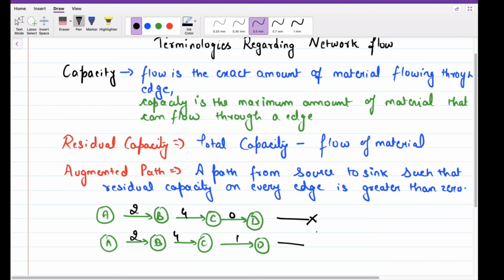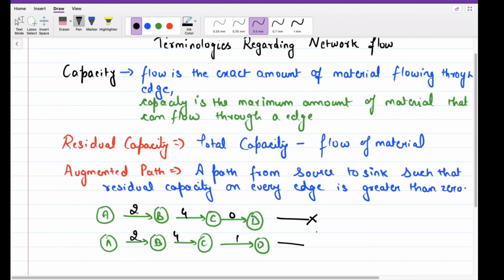Also, there is a concept such that the flow on a particular path will be the minimum flow through any edge. For example, suppose we are given a flow like A, B, C, D and E, where the weights are 3, 10, 2, 4.